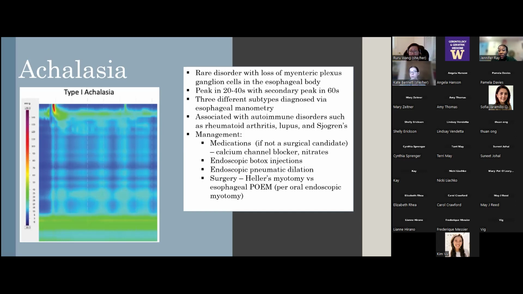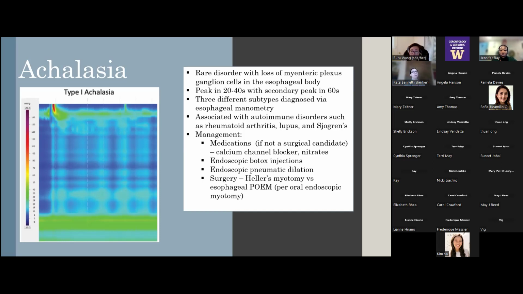There are three different subtypes I'm not going to go into. They're managed slightly differently. This disease is associated with autoimmune disorders such as rheumatoid arthritis, lupus, and Sjogren's, although I do see this de novo also without these associations. How you treat this depends on how sturdy your geriatric patient is.